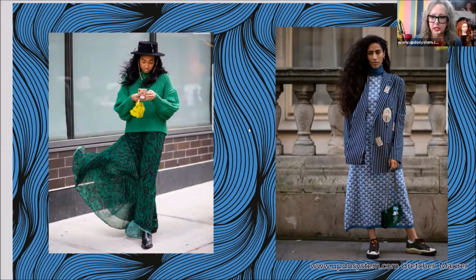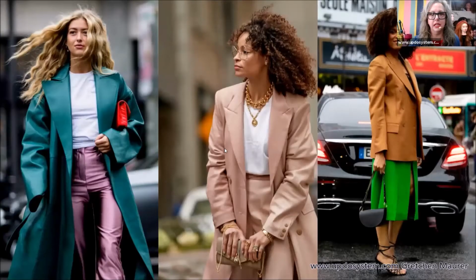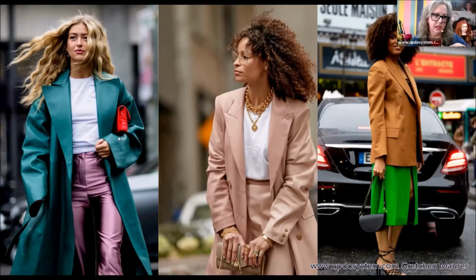The girl on the left here has the waves, and I just love how her skirt picks that up. The girl on the right is full-on texture, lots and lots of texture going on. Contrast is just the opposite, and contrast always asks to be noticed. So when you have a client who is dressing opposite of herself, the girl on the left, you can almost see the ruffles in her leather jacket and the way her purple pants match her hair texture.